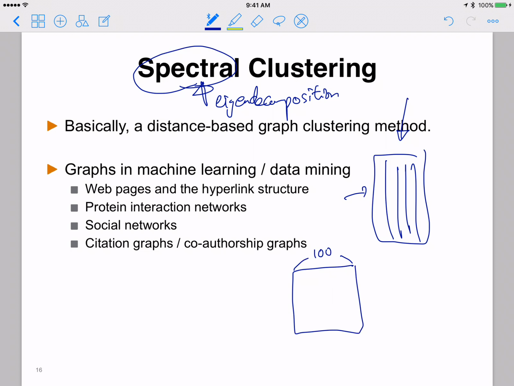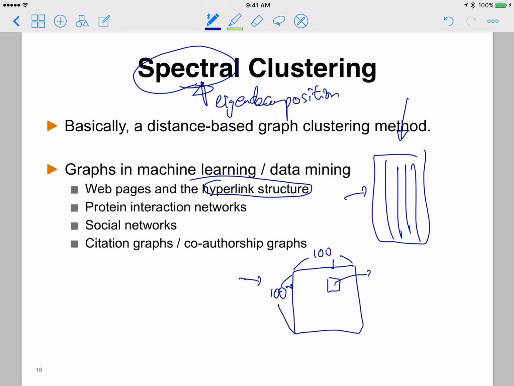If we have 100 different items, we can think of a square matrix of 100 by 100, where the (i, j) entry specifies the similarity between the i-th and j-th data items. This form of graph input is available in many different applications.